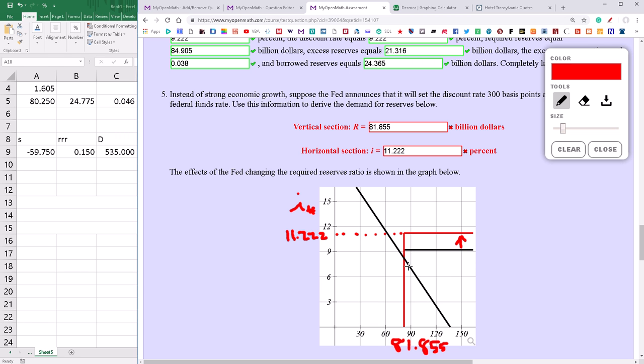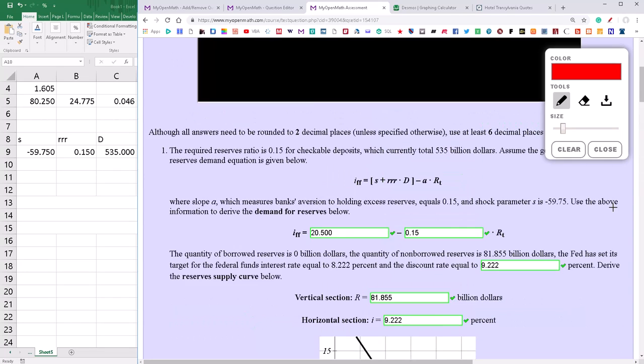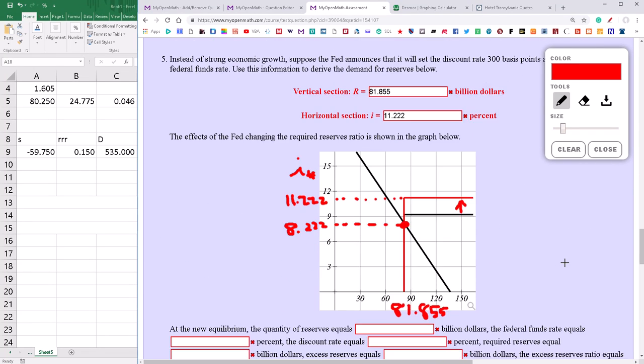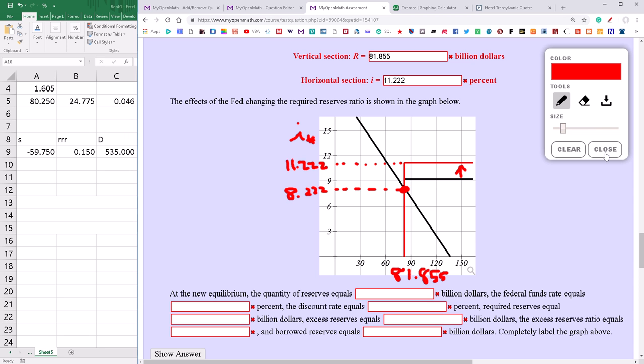That's all that does. Does it change the equilibrium? No. The equilibrium didn't change. The federal funds rate is still at its target of 8.222. The quantity of reserves is still 81.855. Anyway, close this out.